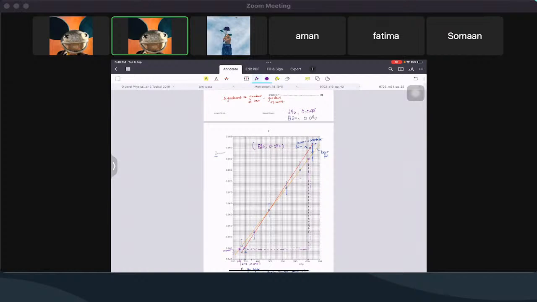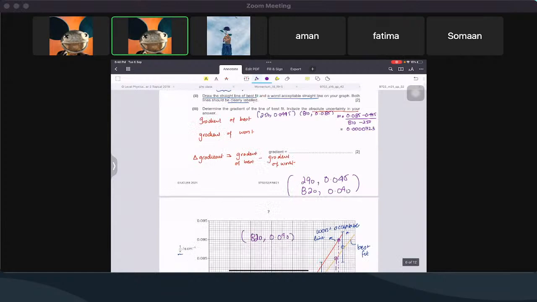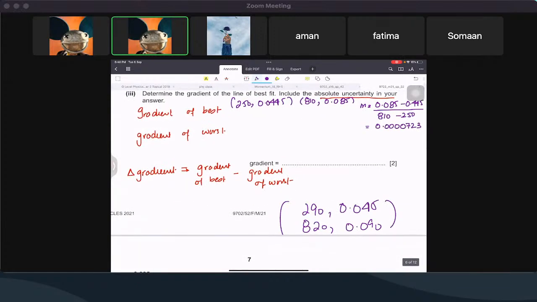Now I go back. It's very hard sometimes to do work digitally. On a page you can just flip it and look at it, it's so easy. Anyway, for the worst fit line I'm going to write 0.090 minus 0.045 divided by 820 minus 290.